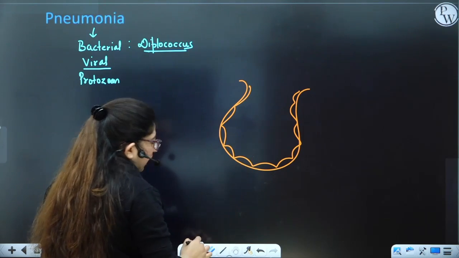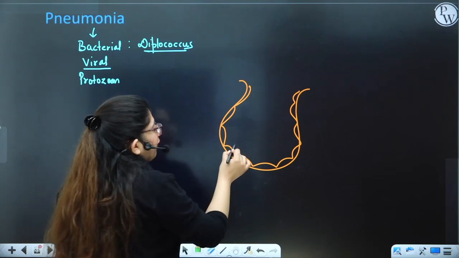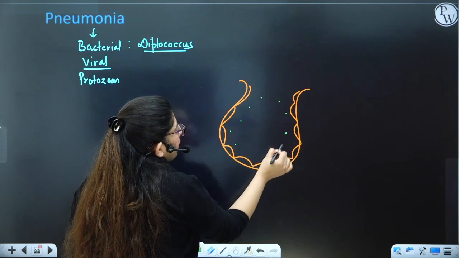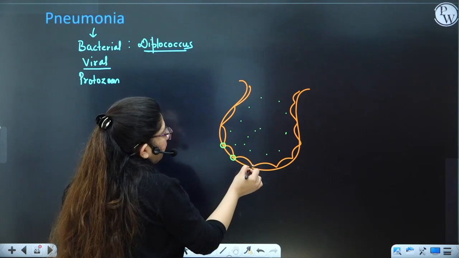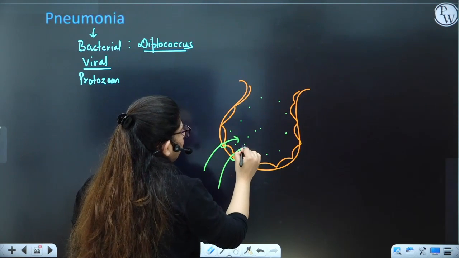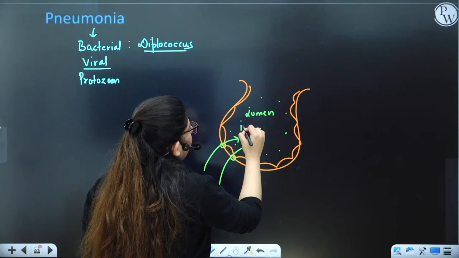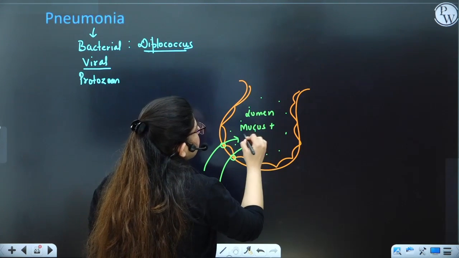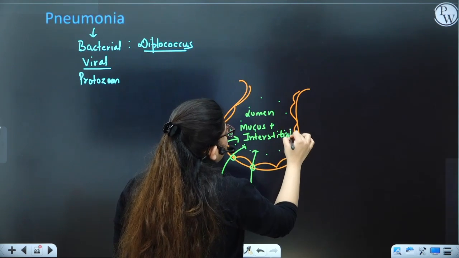If the bacteria enters here and causes inflammation of these walls, there will be overproduction of mucus, plus there will be holes formed here. As a result, the interstitial fluid will enter into the lumen. Now this lumen contains a lot of mucus plus interstitial fluid. This lumen is supposed to be empty. Why?